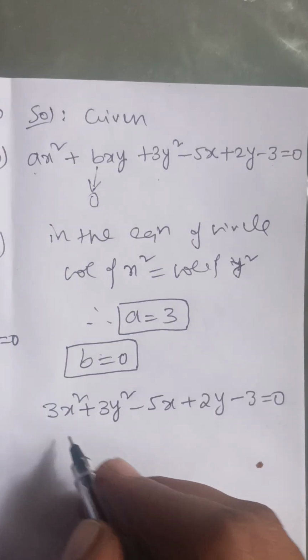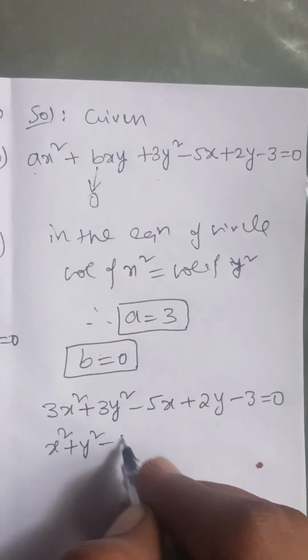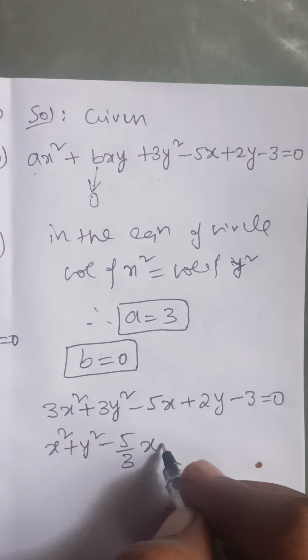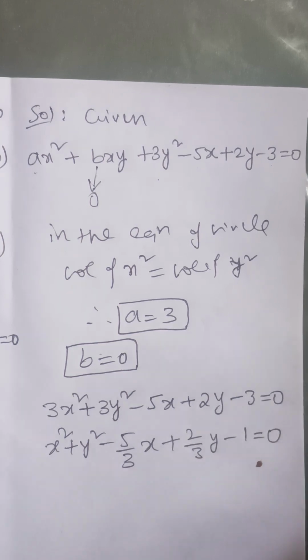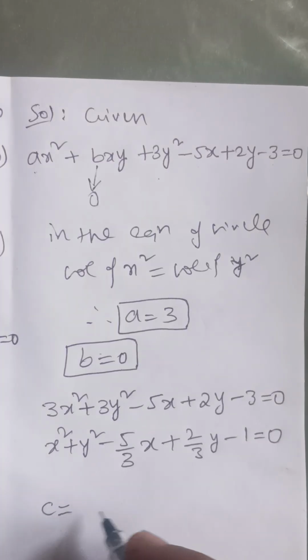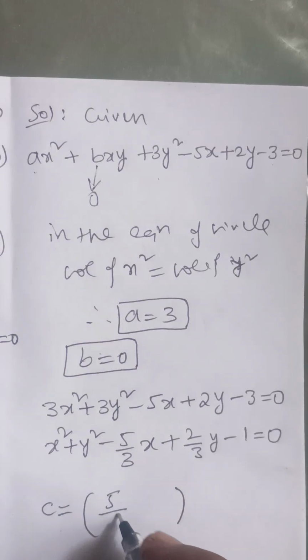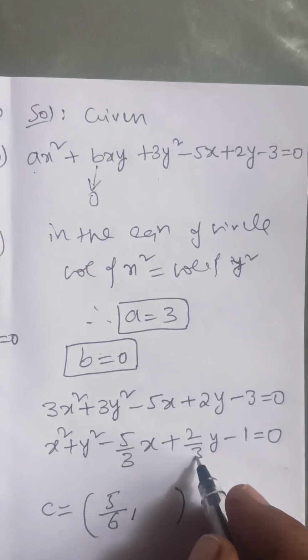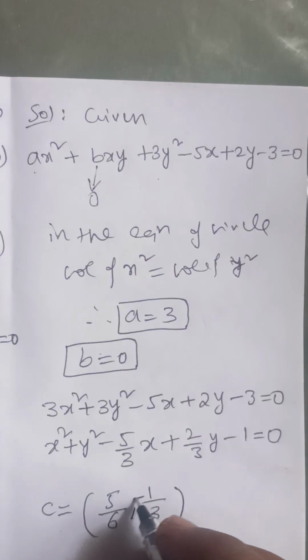So divide this equation by 3. x square plus y square minus 5 by 3 x plus 2 by 3 y minus 3 by 3, which is 1, equal to 0. From this we can find the center. The center is half of 5 by 3, which is 5 by 6, and minus becomes plus, and half of 2 by 3 is 1 by 3, and plus becomes minus here.